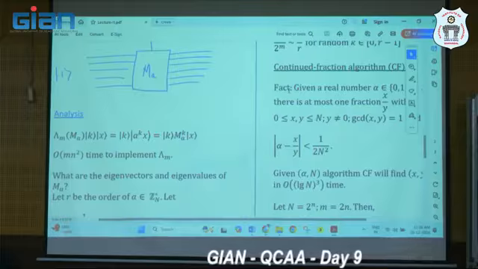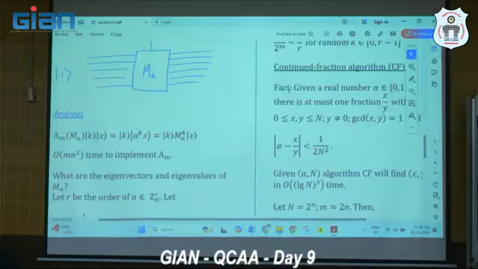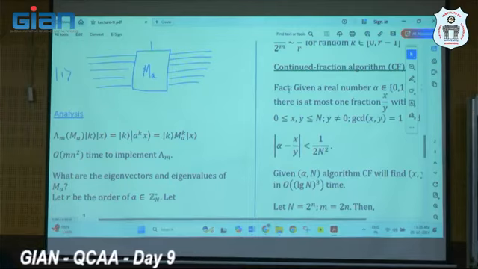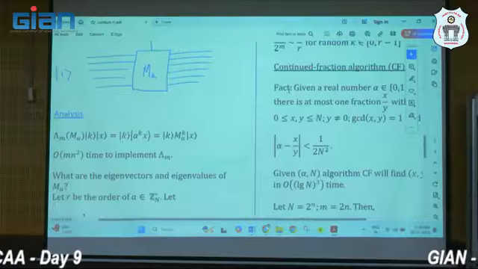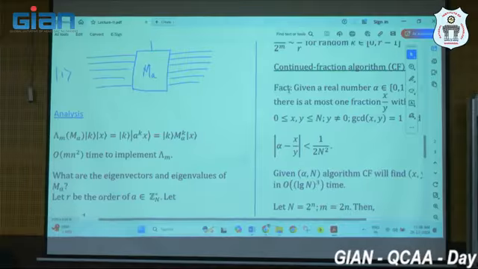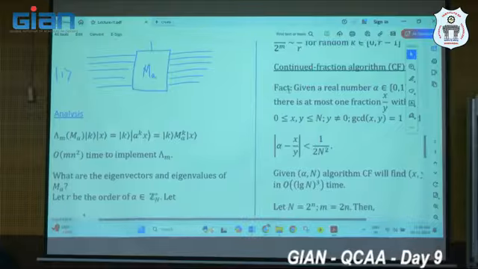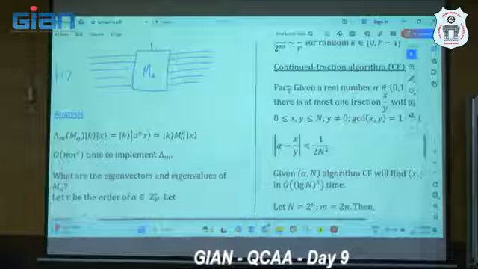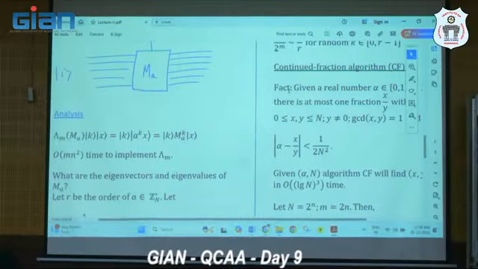Now think of it this way. Suppose I have small m. Think of m as being like n, for now. So k is a number from 0 to 2 to the m minus 1. It can be a large number.